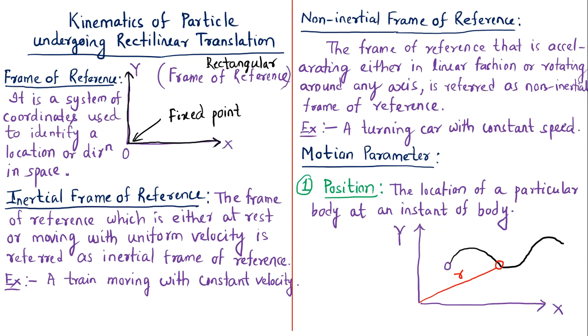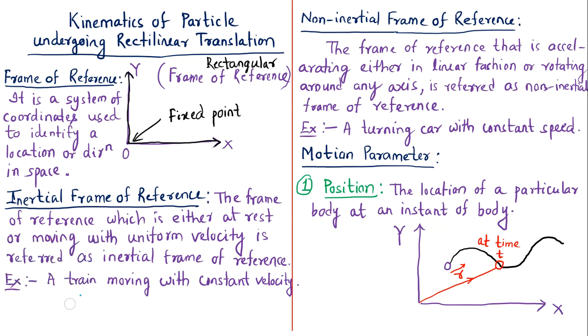So along with the magnitude, the direction also has to be specified. That's why position is a vector, not a scalar, always represented by r vector. This is the particular location of a body at time t. Clear?